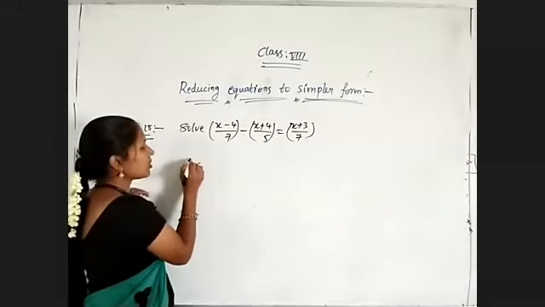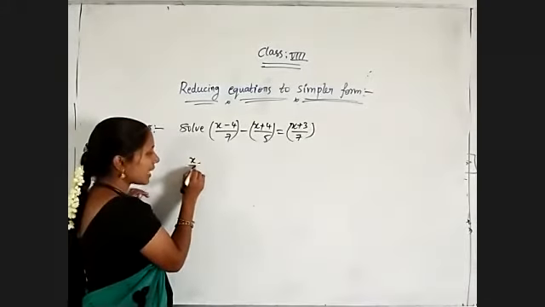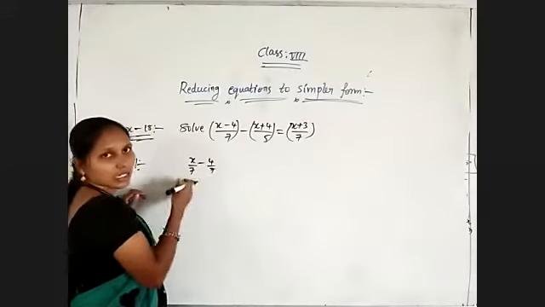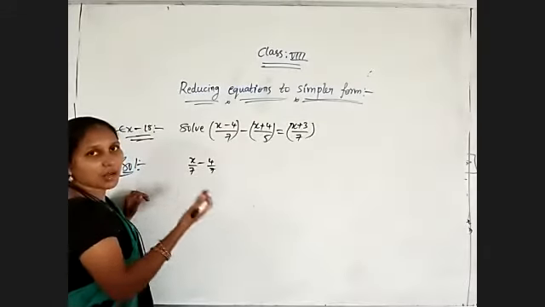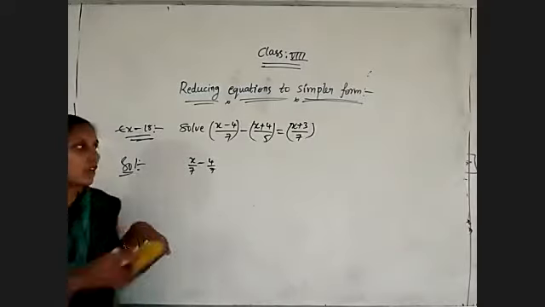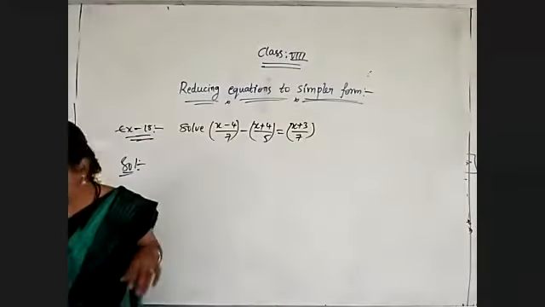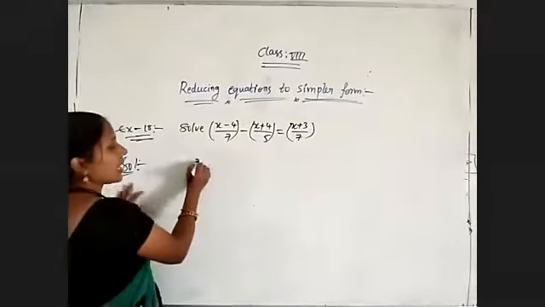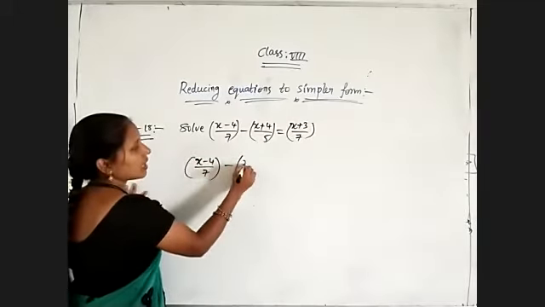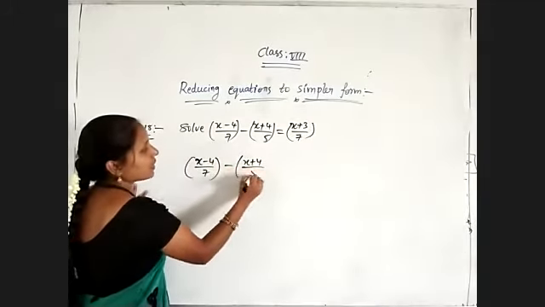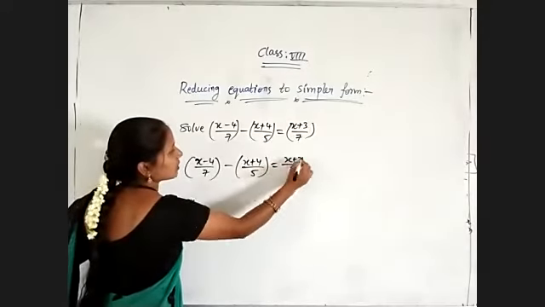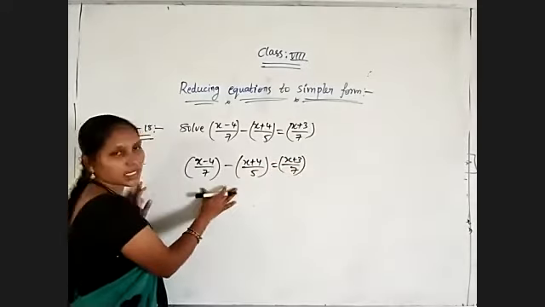If we have x by 7 minus 4 by 7 separately, then like in our previous example we can simplify, but now we can't do it that way. So we have (x − 4)/7 − (x + 4)/5 = (x + 3)/7, with this part at the LHS and this at the RHS.